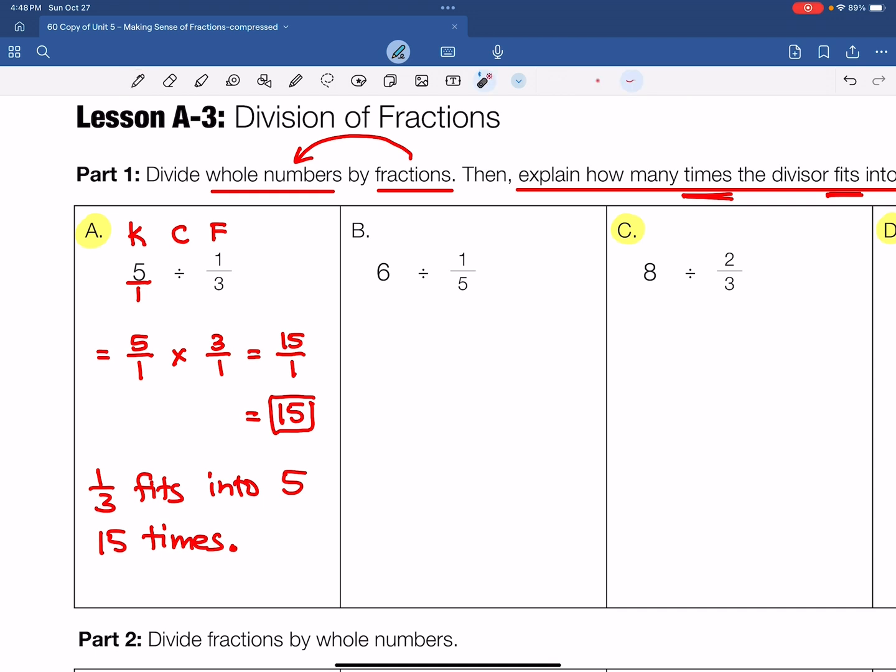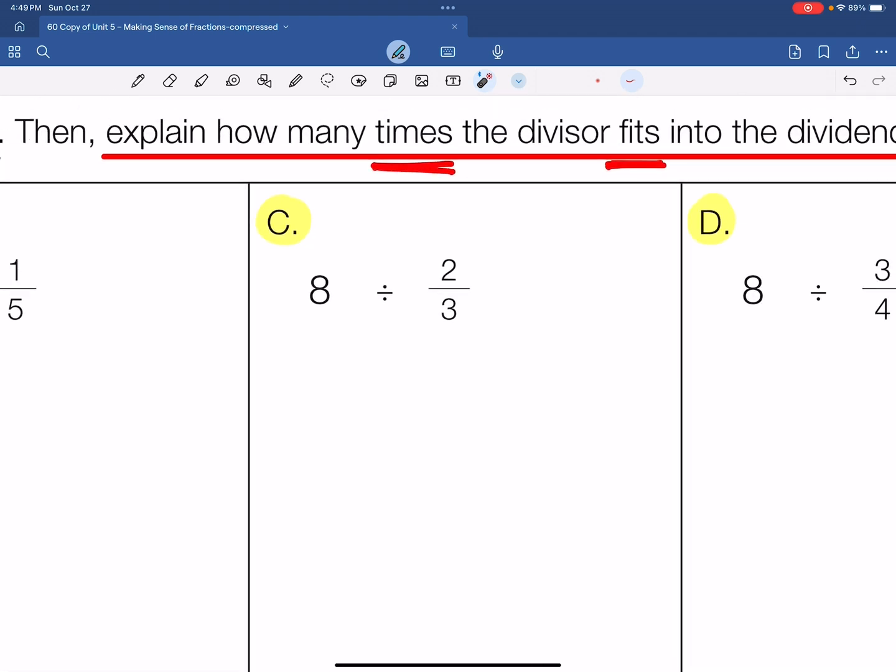Next one, go to letter C. The problem is 8 divided by 2/3. We need to figure out how many times 2/3 fits into 8. So once again, go ahead and divide that whole number by 1 to make the problem easier to work with. When you touch the operation, you'll see once again we have division.